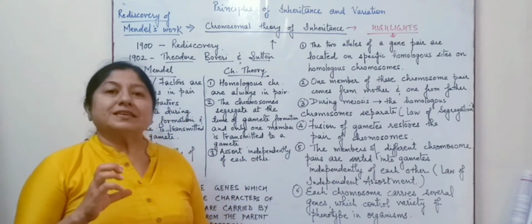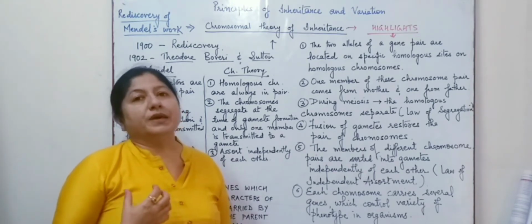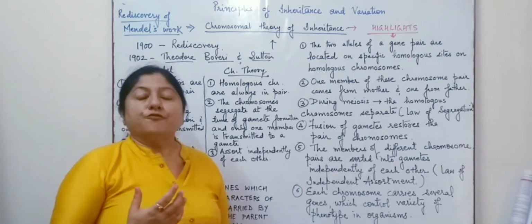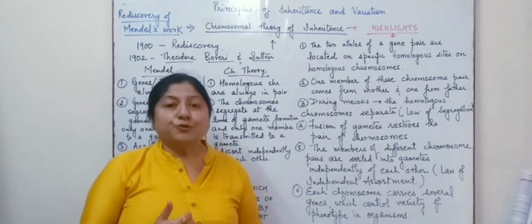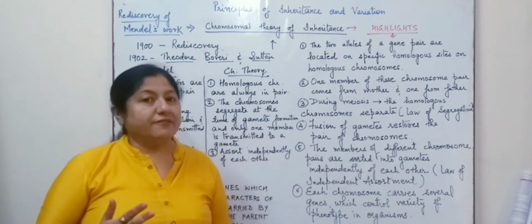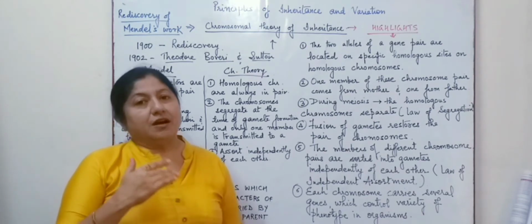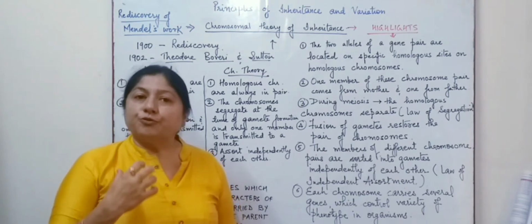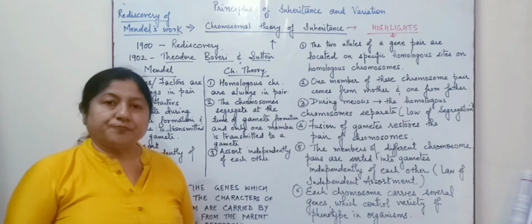Also, since he involved mathematical calculations for the expression of his data, many biologists did not approve of it. And since there were no advanced microscopes available at that time, no practical proof was available for it. So his work was not given much recognition.